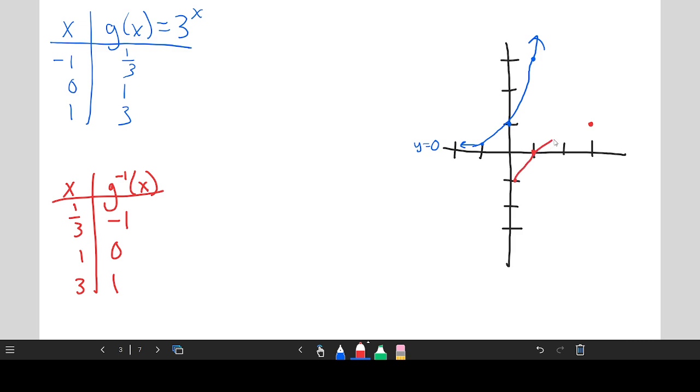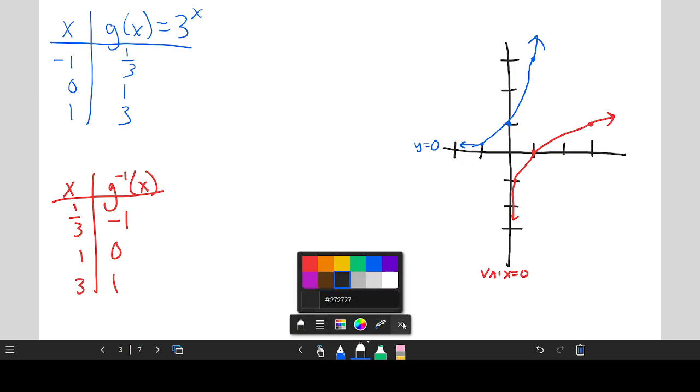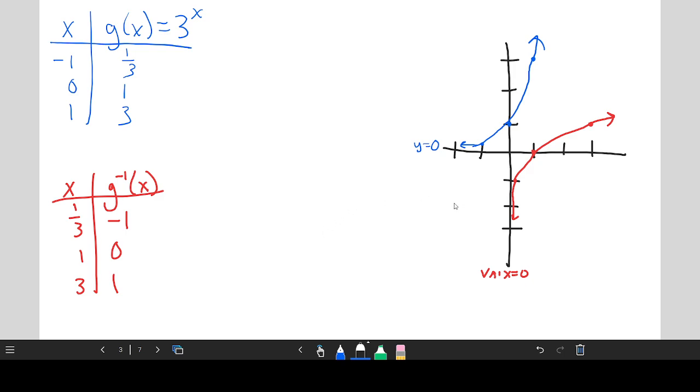So this is going to be increasing slowly to the right, and again, we had no negative y values and no y value of 0. Only positive y values for the exponential function, so only positive x values for the inverse. So we're going to get the same vertical asymptote here that we did for the last one. And still seeing that symmetry over the line y equals x as well when we look at the shape of the curve.